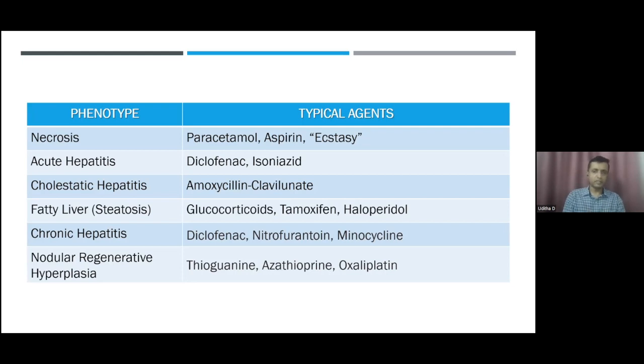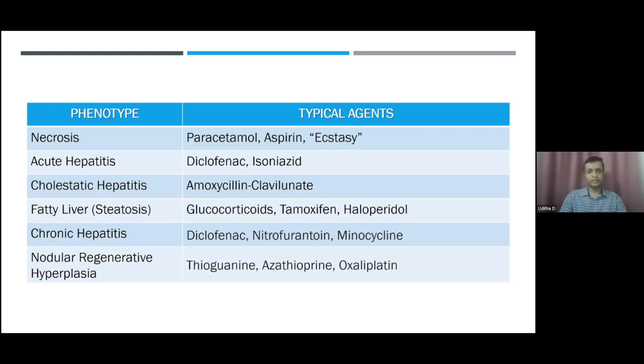So chronic hepatitis in these patients could be something called drug-induced autoimmune-like hepatitis, where even the autoimmune markers might be positive and the patients would sometimes respond to steroids. That would be an indication for the use of steroids in the treatment.